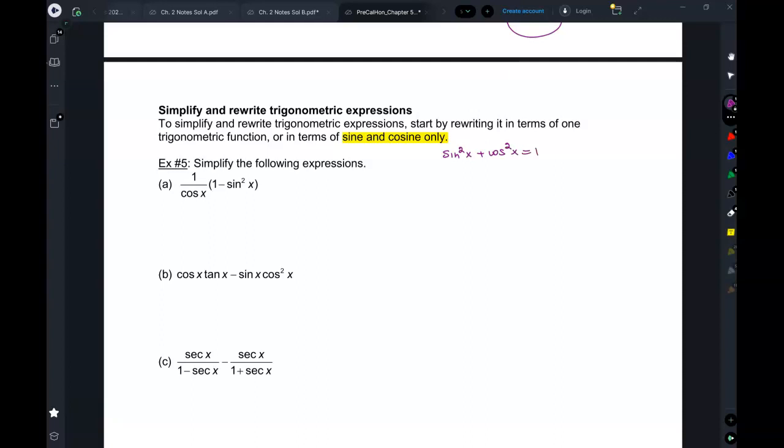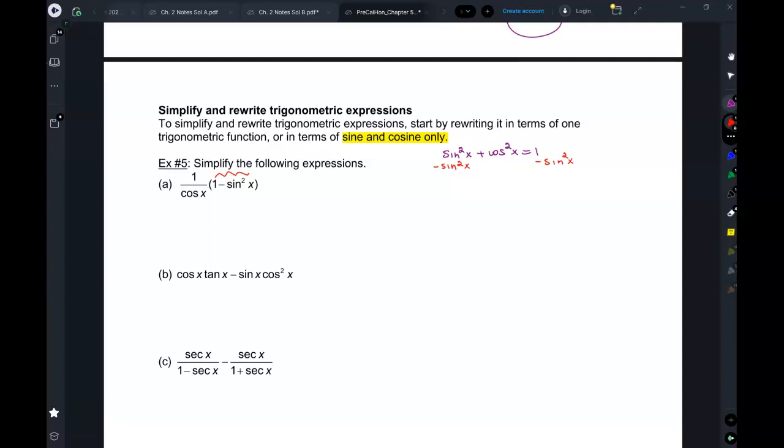Now, these are not rigid things. You can manipulate them. You can move one thing to the other side and so on and so forth. So what I want to do is change this around so that it looks like 1 minus sine squared x. To do that, I'm going to subtract sine squared x.